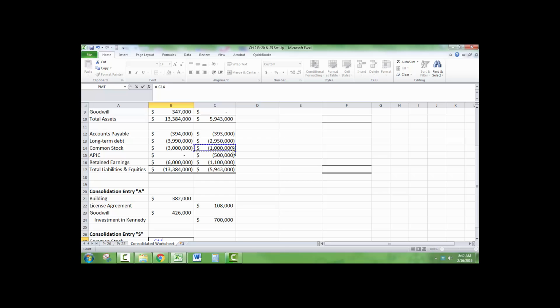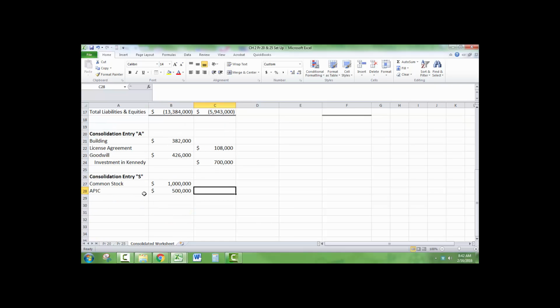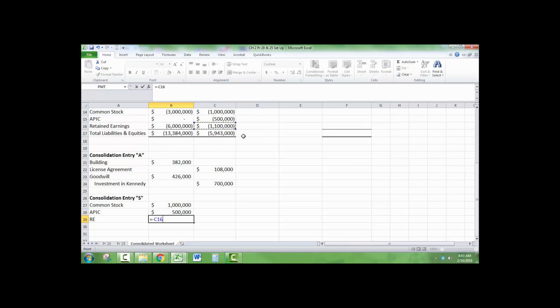Remember, we're not going to do negative numbers here. So debit the common stock. We're going to debit additional paid-in capital, and we're going to debit retained earnings, or RE. If they had more capital accounts, we would take care of more capital accounts. On the credit side of this, it's going to be investment in Kennedy.